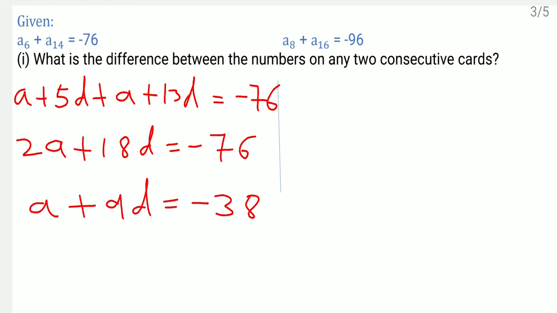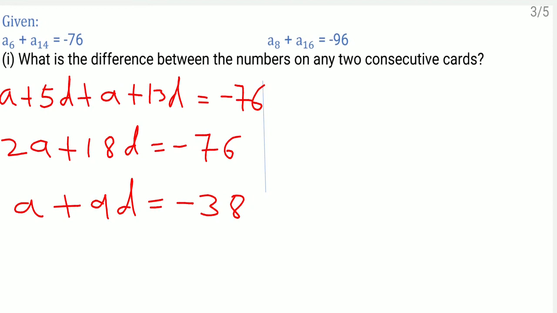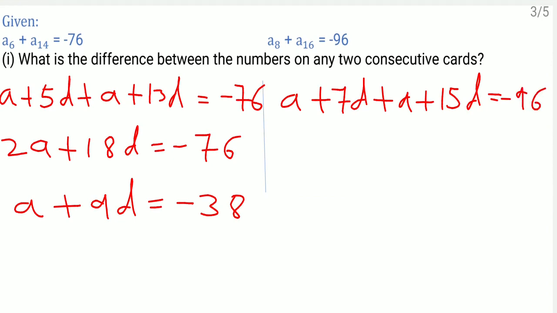Okay. Now come to the second AP here. Now they are saying sum of the 8th term and 16th term. So that means A plus 7D plus A plus 15D, which is equal to minus 96.